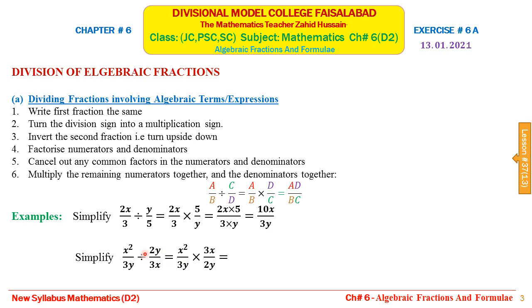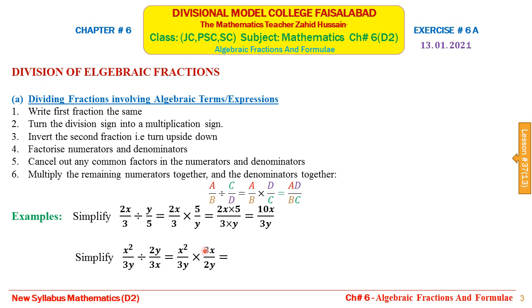This is the second example in which the first fraction is x square over 3y divided by 2y over 3x. Again we will change this division sign into a multiplication sign, and we will take the reciprocal of the fraction which is after the division sign. 2y over 3x will become 3x over 2y. Now we will cancel out the common factor.